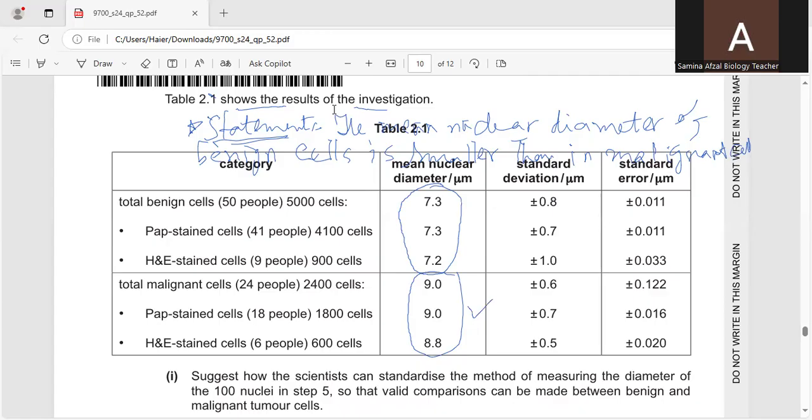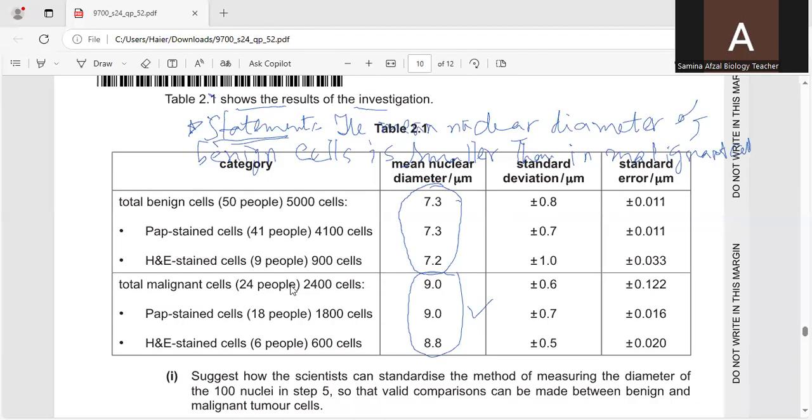So in this way, we can explain this, we can write this, and you can say the standard deviation as well. The values of the standard deviations are not overlapping. They are different in both, and standard deviation values are also different in both of these.